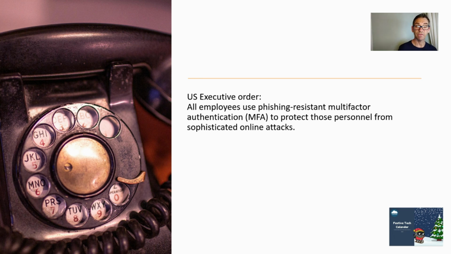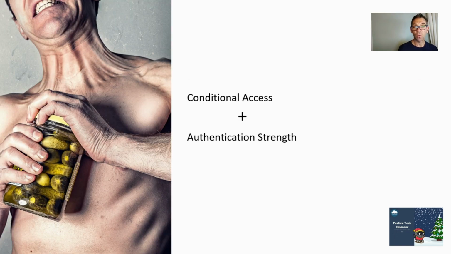And also, the US federal executive order from early this year calls to improve the United States' national cybersecurity by addressing the weaknesses of the traditional MFA methods, and actually mandates the usage of phishing-resistant MFA. So with conditional access and authentication strengths, these allow us to differentiate between these different methods and use the most secure methods for the most sensitive resources.